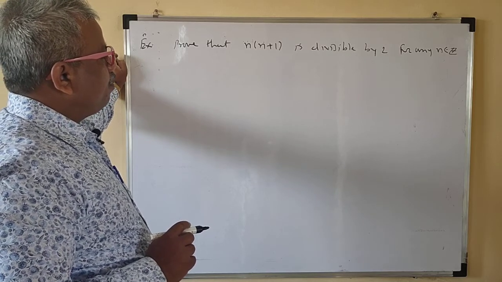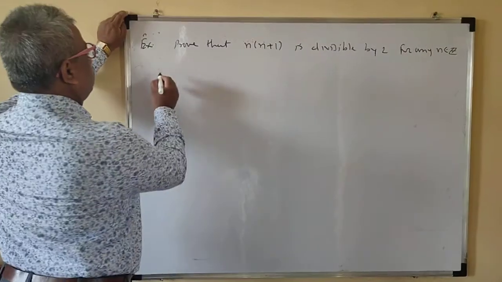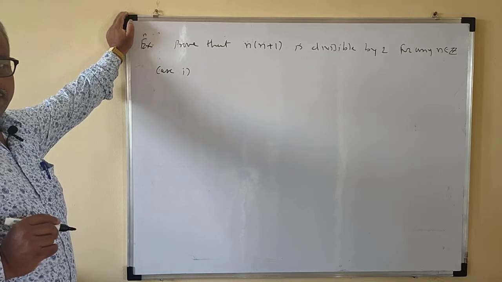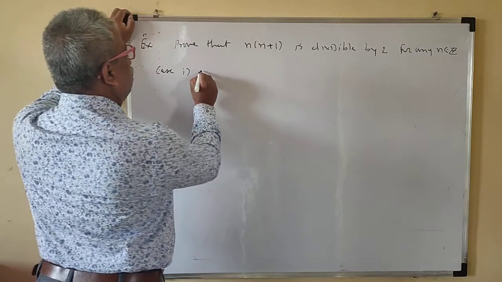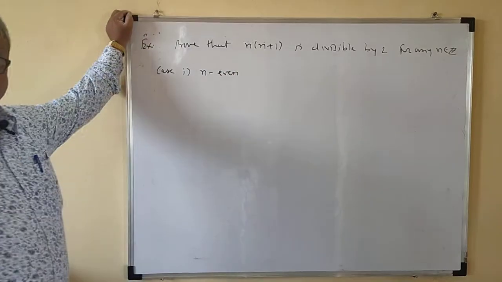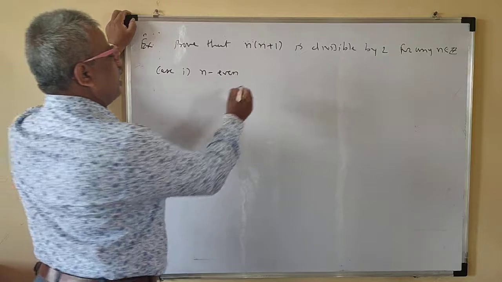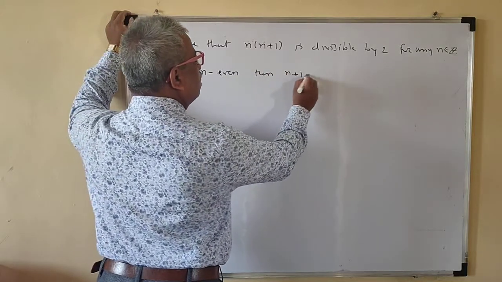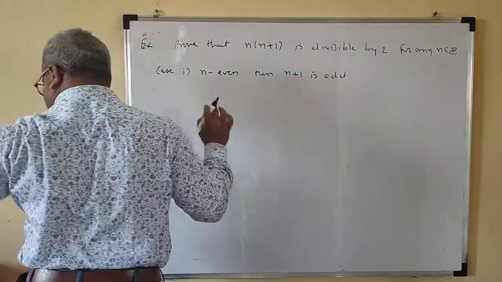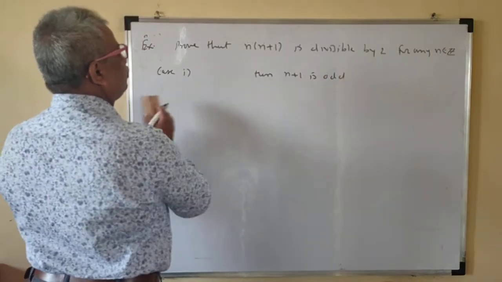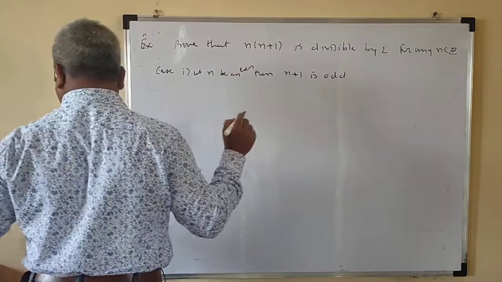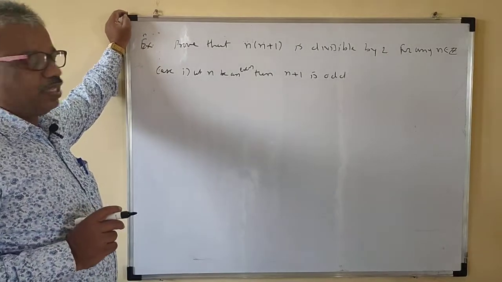Case 1: n is an integer, let n be even, then n plus 1 is odd.